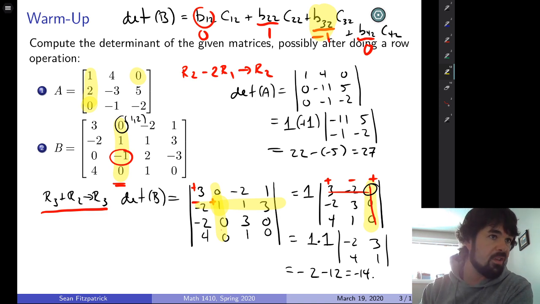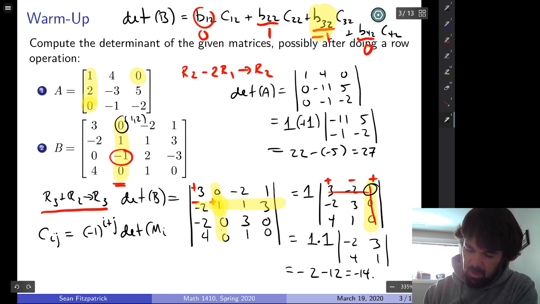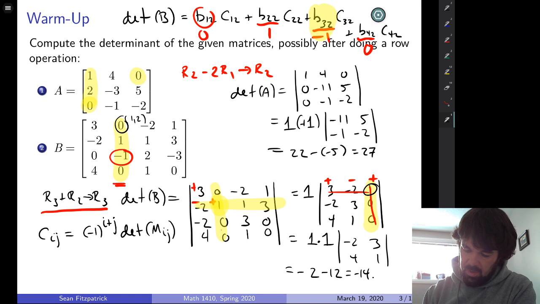Now, as to Caitlin's question, what's with the plus and minus? Remember the definition of these cofactors, Cij. By definition it is minus 1 to the i plus j times the determinant of Mij. This was the definition that we had. So Mij, this here, that's a minor.